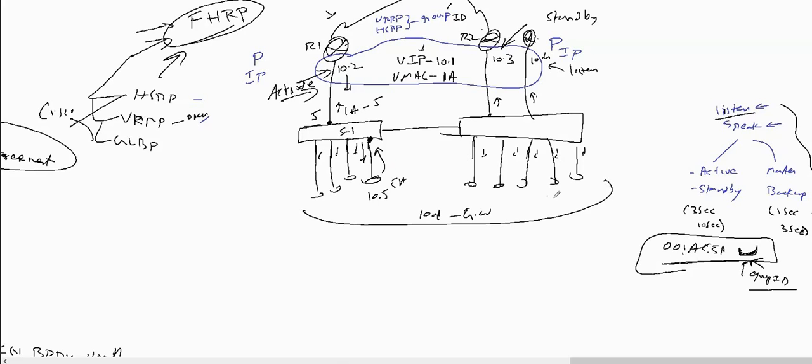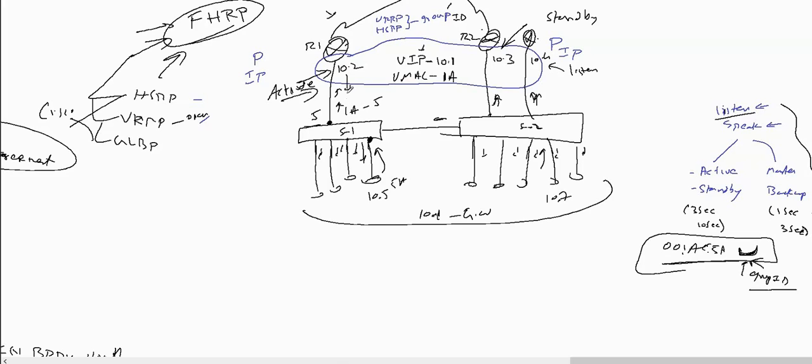How about 10.7? When 10.7 wants to communicate with the gateway, for the first time it sends an ARP broadcast. Switch 2 will send it to everybody, and switch 1, because it's a broadcast message, will send it to everybody again. Again, only the active router will respond.